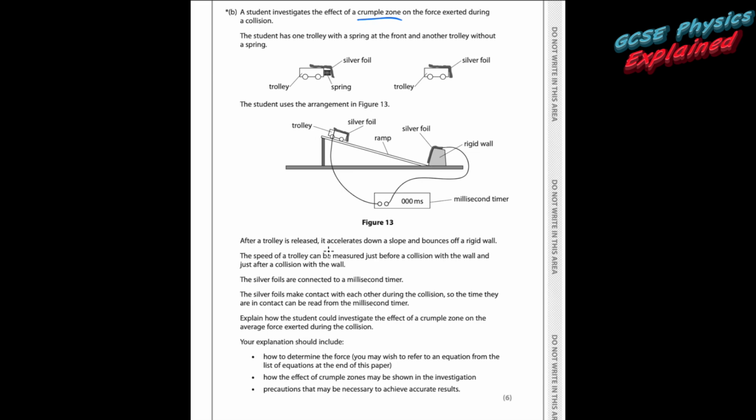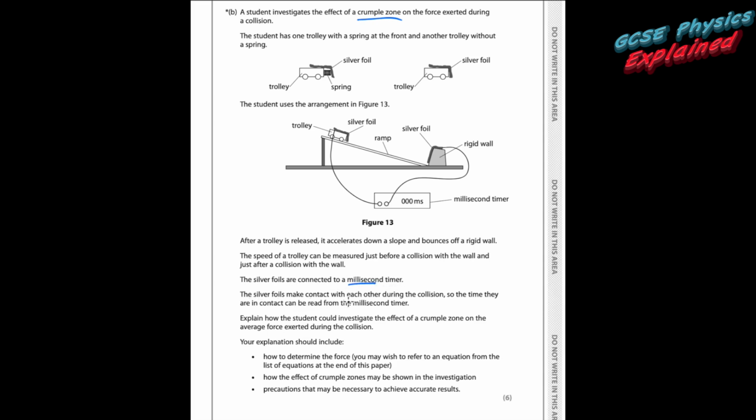After a trolley is released, it accelerates down a slope and bounces off a rigid wall. The speed of the trolley can be measured just before a collision with the wall and just after a collision with the wall. The silver foils are connected to a millisecond timer.